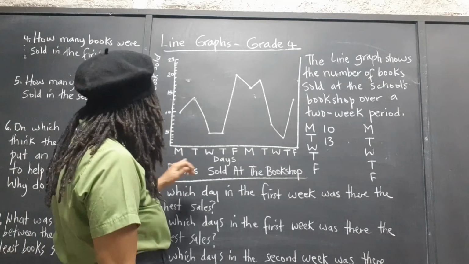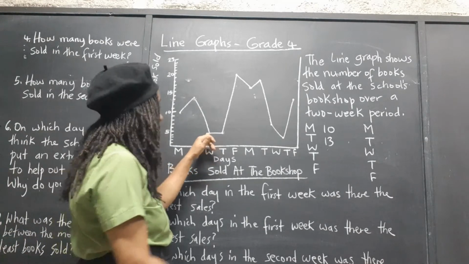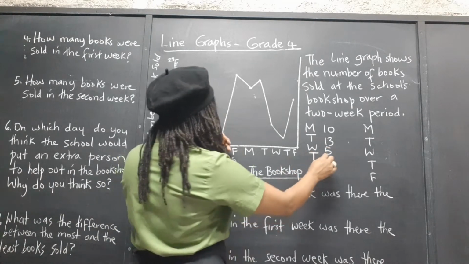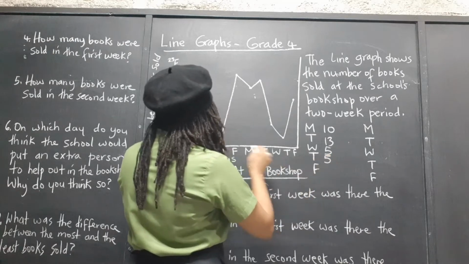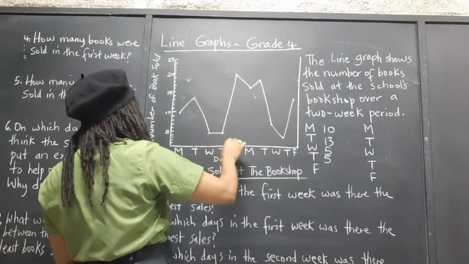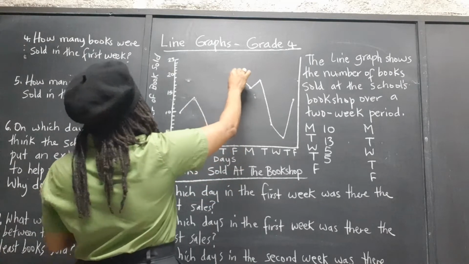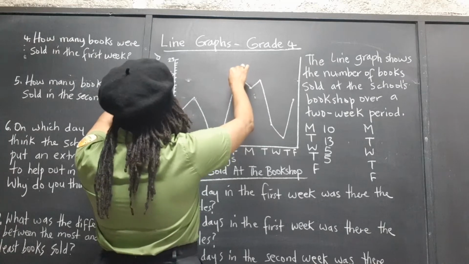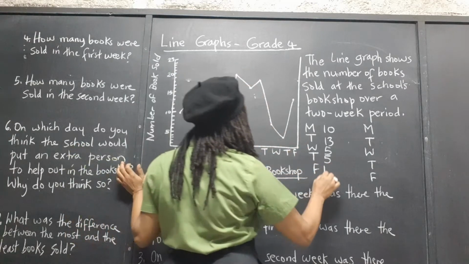On Wednesday, 5 books sold. Thursday, also 5 books sold. Friday, there was a peak. All of a sudden, we had this is 19. It doesn't reach the 20 yet, so 19 books sold on the Friday.